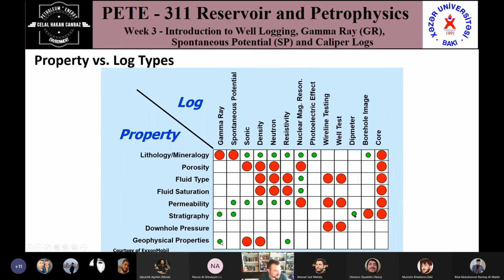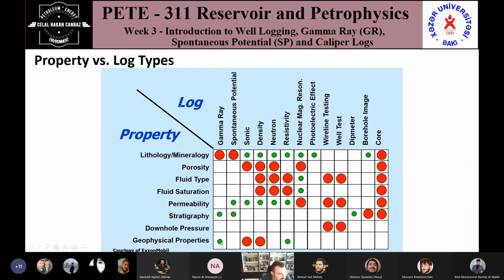Depth meter, as you can see, is not used too much. Borehole image and cores mainly give you the idea. Wireline testing and well test give you the downhole pressure. Geophysical properties, sonic and density logs give you an idea. Gamma ray log and resistivity logs give you a little idea about geophysical properties.